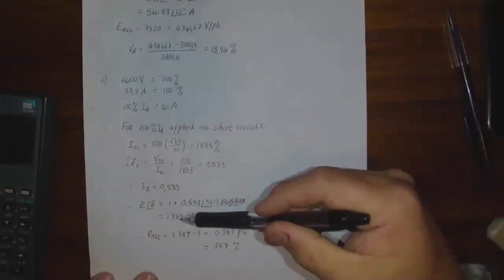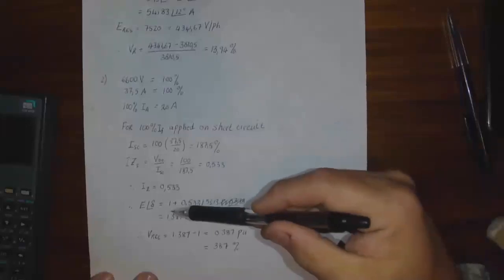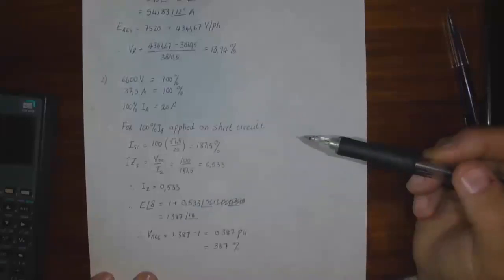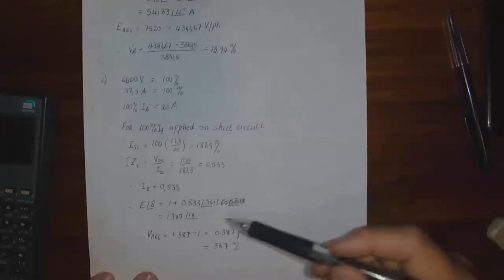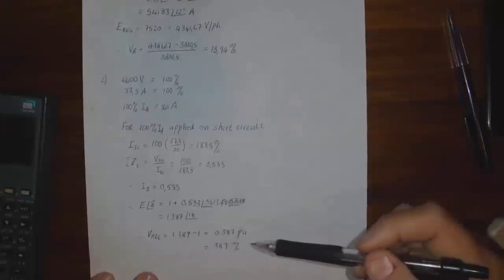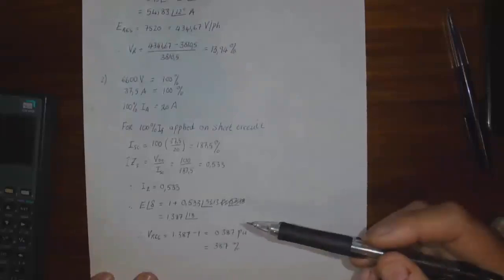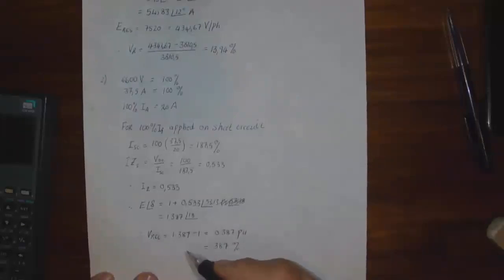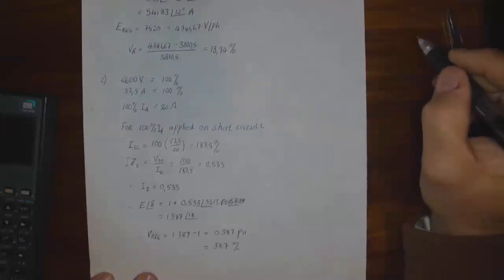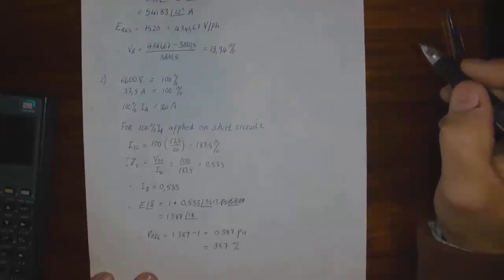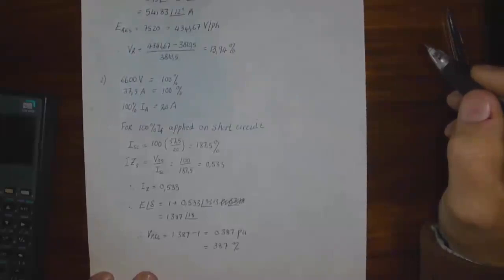Then you will get 138.7, or if you work in per unit, you will get 1.387. And then the voltage regulation is 38.7. It's 1.387 minus 1. Or if you worked in percentage, it will be 138.7 minus 100. And then you get the percentage.